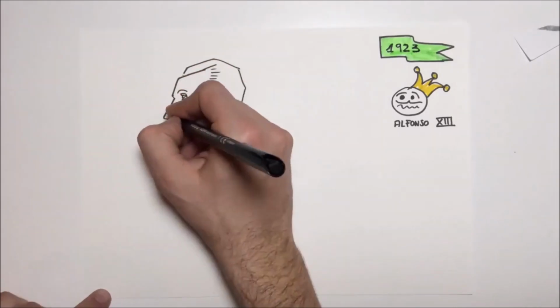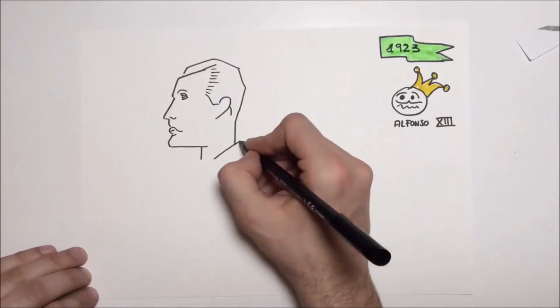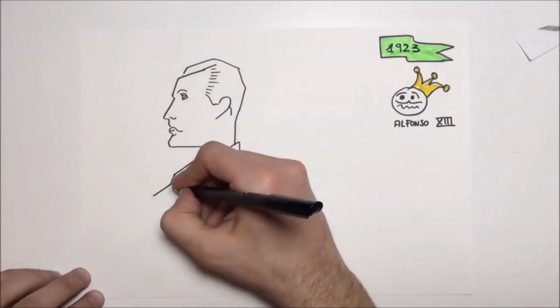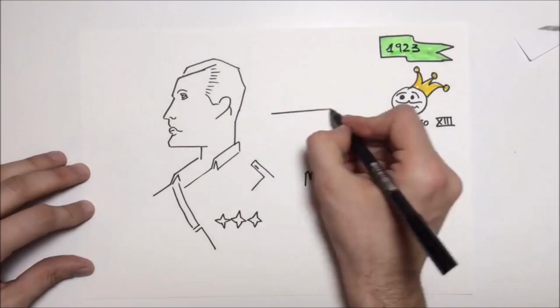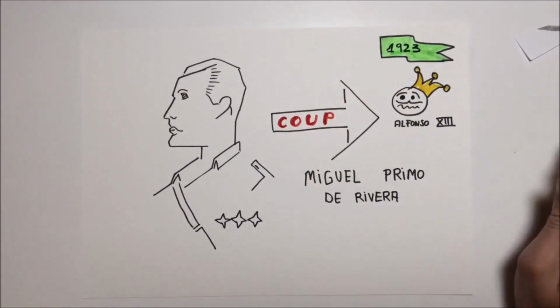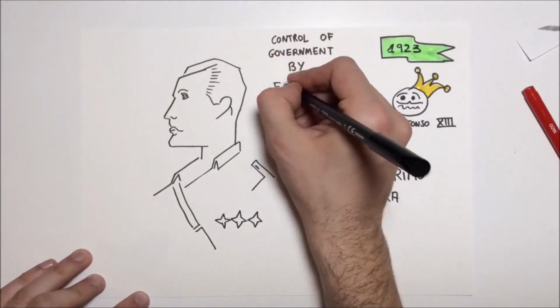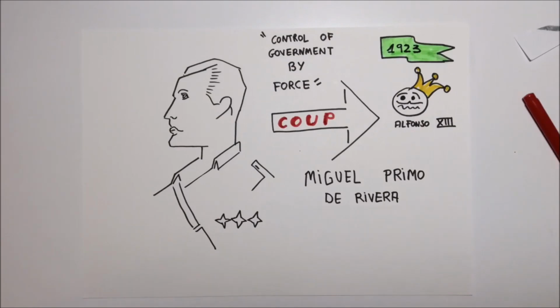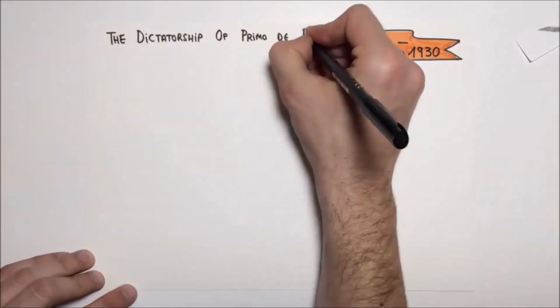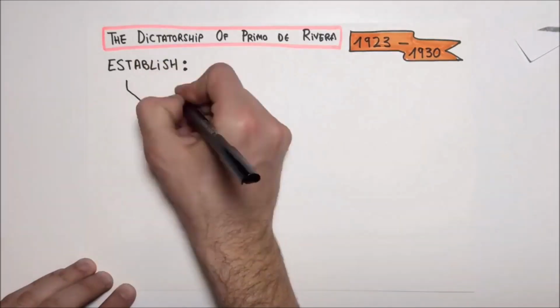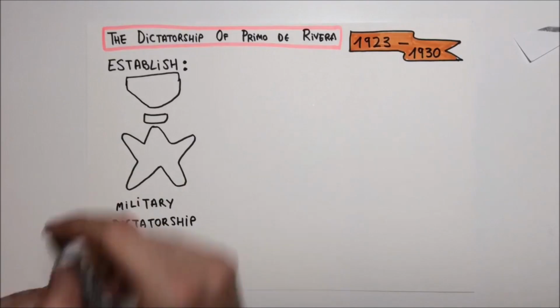Taking advantage of the social and political conflict, the General Primo de Rivera is gonna lead a coup in 1923. In a coup, a person or a group takes the control of a government by the force. Primo de Rivera established a military dictatorship.